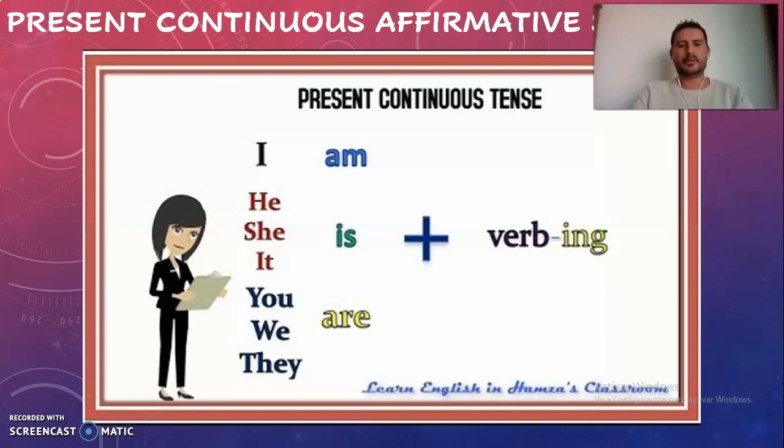After that, we continue with the explanation of the grammar construction of some sentences, so that they identify the components that they have to use when they are going to write something using the present continuous.